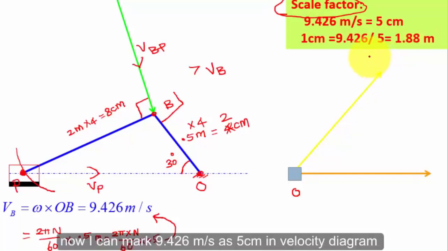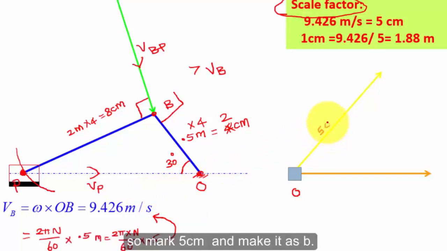Now I can mark 9.426 meter per second as 5 centimeter in the velocity diagram. So mark 5 centimeter on the yellow line and make it as small b.